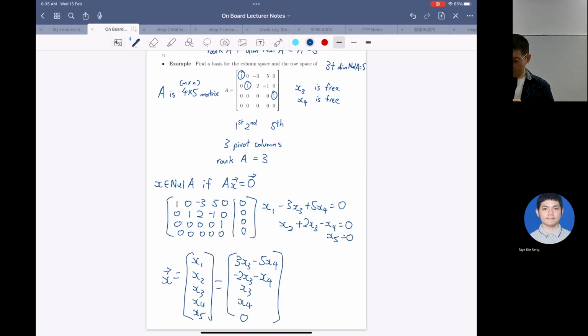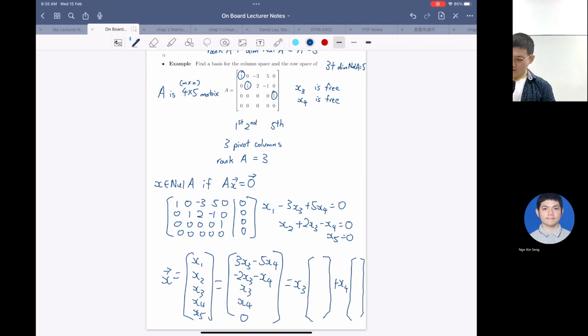Okay? So can you split this into two vectors here? What's the first vector you get? Respond to x3. What's the first vector you get?